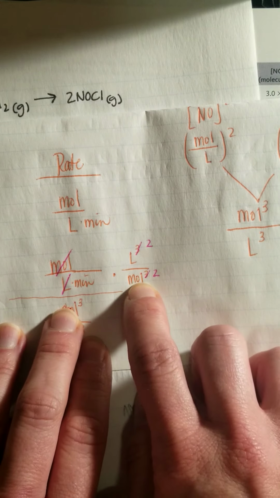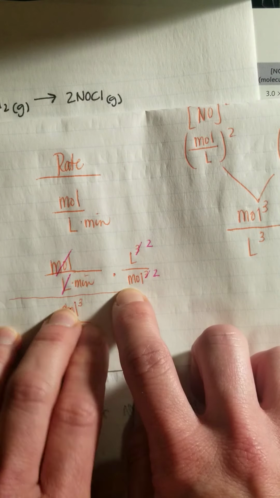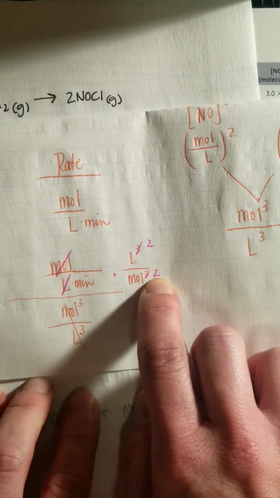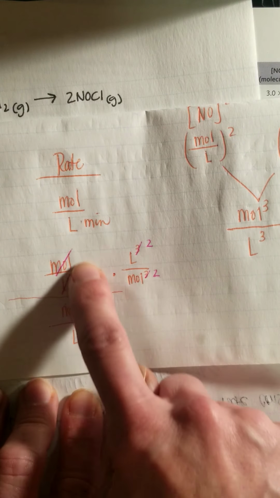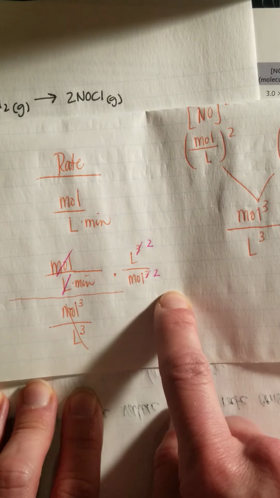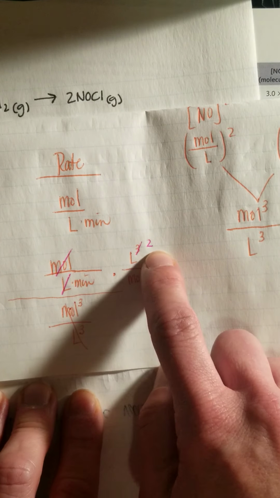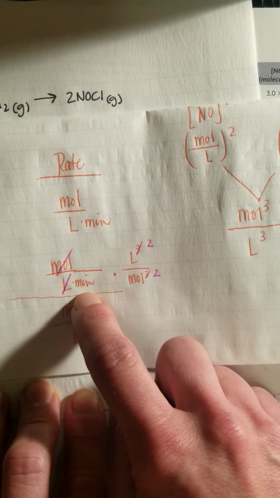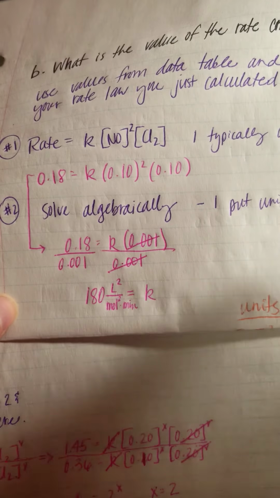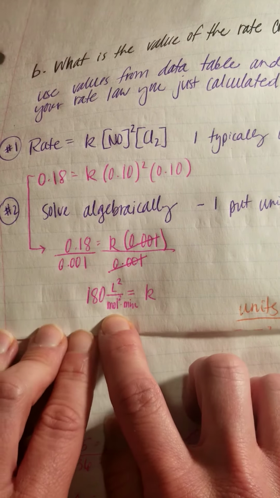If this was moles cubed, and I have a mole up here, that changes this to squared. So what does this become? If you're looking at it overall, liters squared over moles squared. And did I do anything to this minute? No, I did not. And so that's the overall unit.